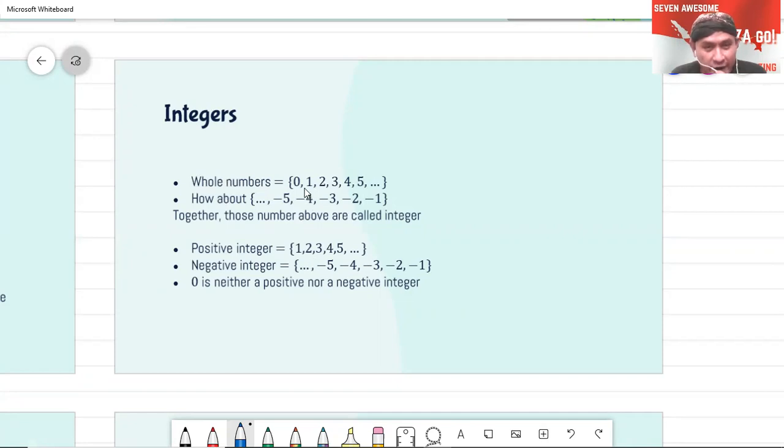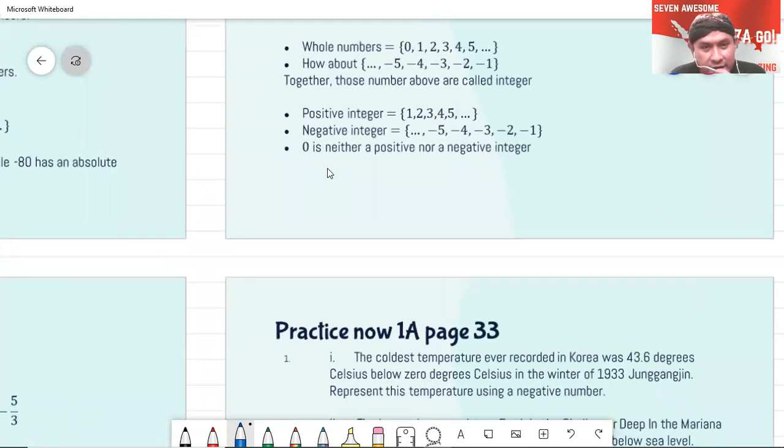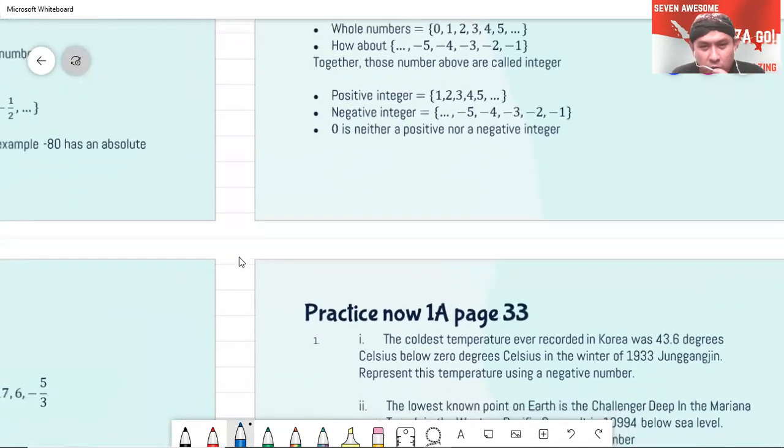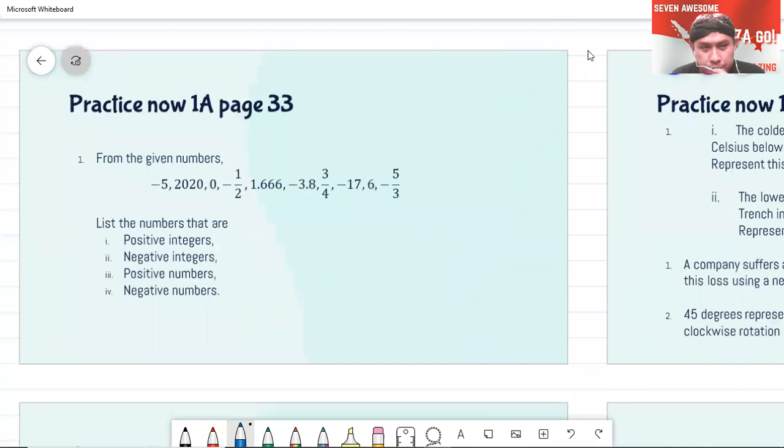As you can see, there is no decimal form in this case, and there is no fraction form in this case. And how about zero? Zero is neither a positive nor a negative integer.